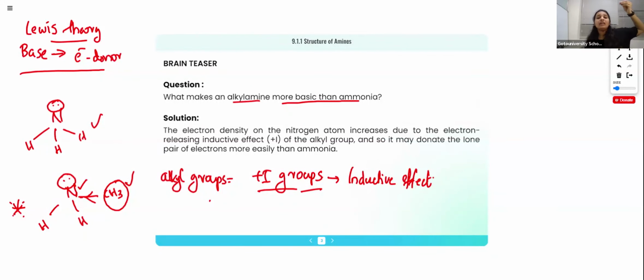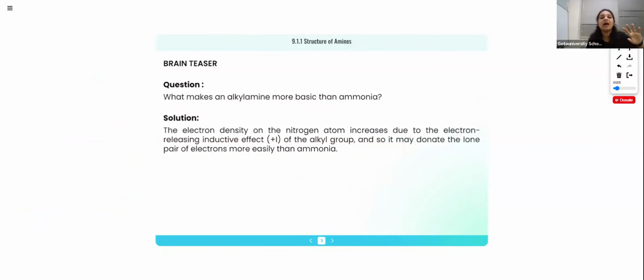So the electron releasing power of this nitrogen will increase. It will increase the basic property of this compound. Got it? That's why these alkyl amines are more basic than ammonia. Understood? So this is the reason why, compared to the normal alkyl amines, ammonia is less basic.